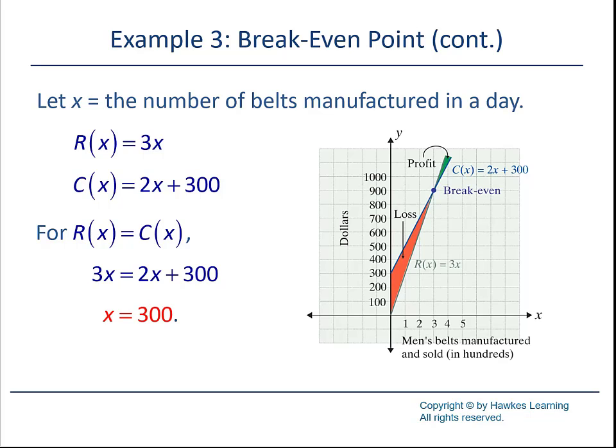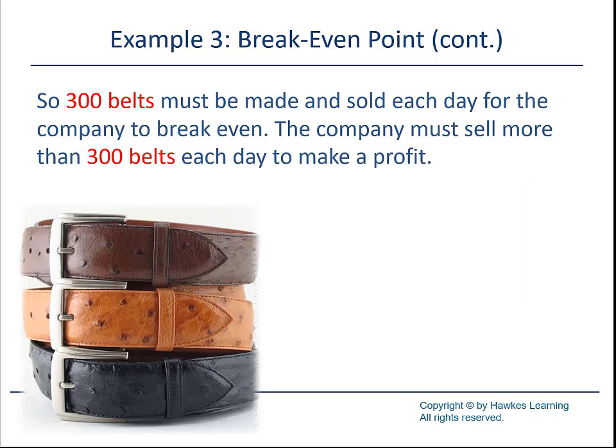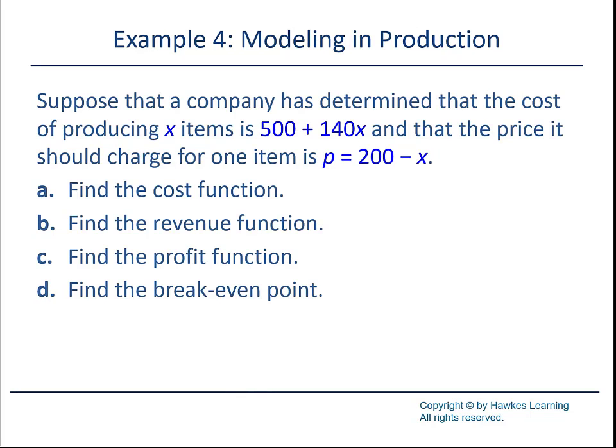For revenue equals cost, set those 2 equal, solve for x, and there is our answer. If you want to make a profit, you have to sell more than that 300 break-even belts each day. Let's move on to another one.